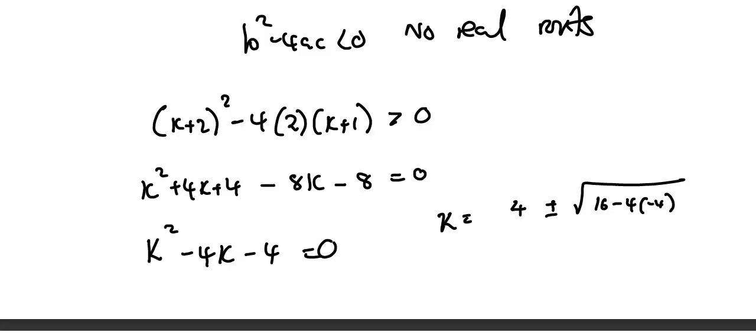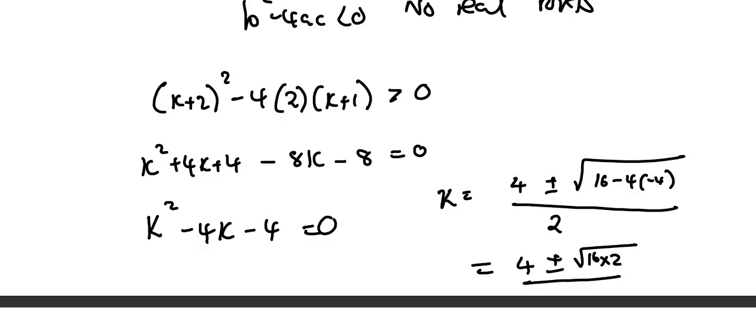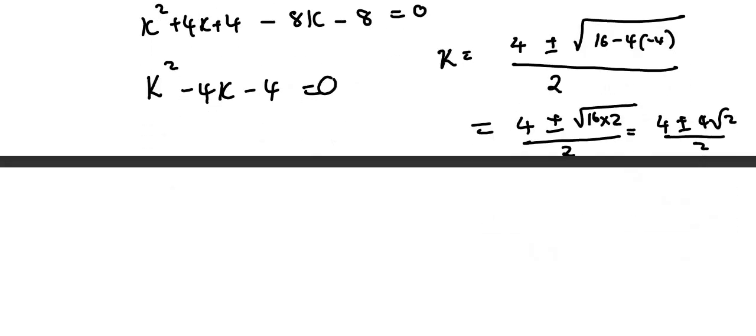Okay, so here a is 1, c is negative 4, so we get 16 plus 16, which is 32. So this is the same as 4 plus or minus 4 root 2 over 2. So this is just going to be 2 plus or minus 2 root 2.